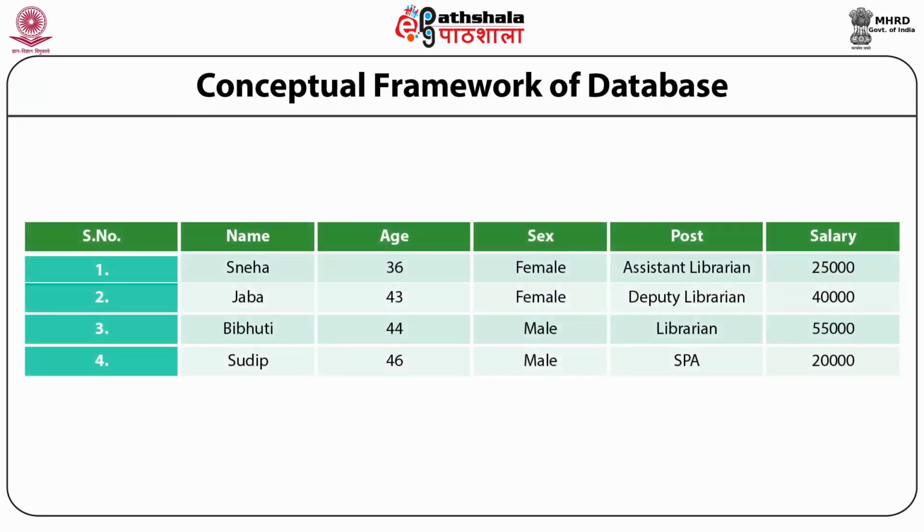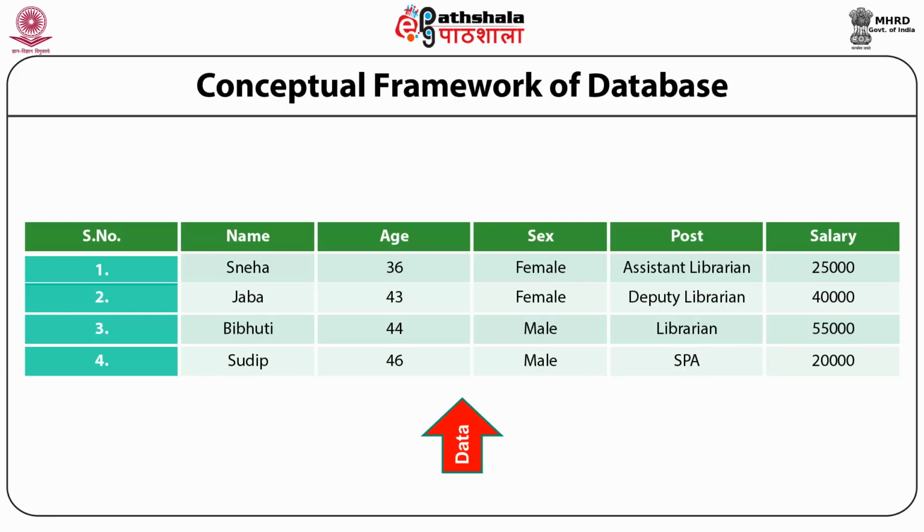So students, we have so far seen the definitions of database. Now we will show you the conceptual framework of a database. A common table drawn on a paper is the simplest form of a database you can have. In this table, as it is represented in front of you in this present slide, you have rows and you have columns.